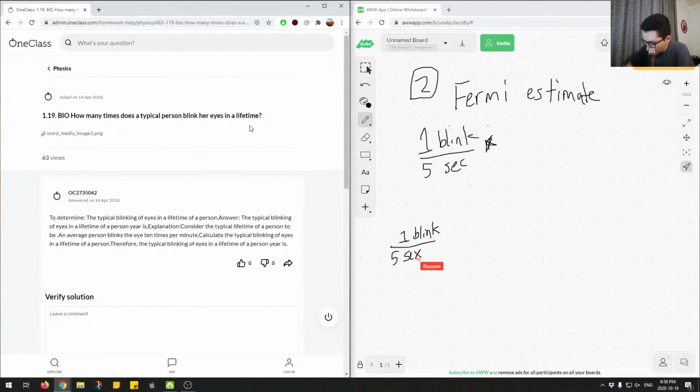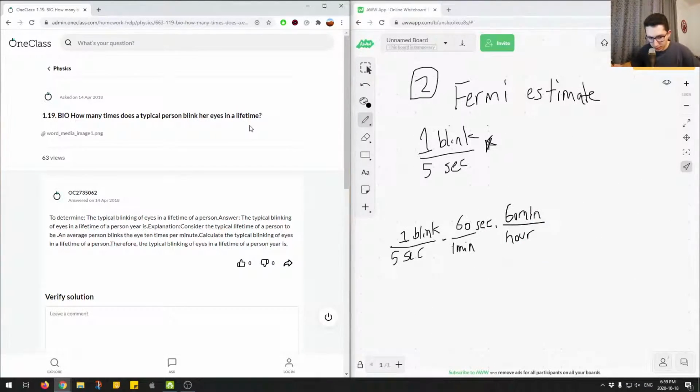And then we can multiply that with how many seconds are in a minute. So we'd say 60 seconds per minute. Then we'll multiply that again by 60 minutes per hour. So essentially we're just converting using conversion rates until we get to the lifetime.